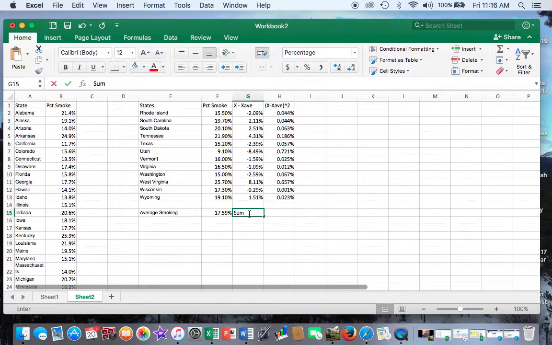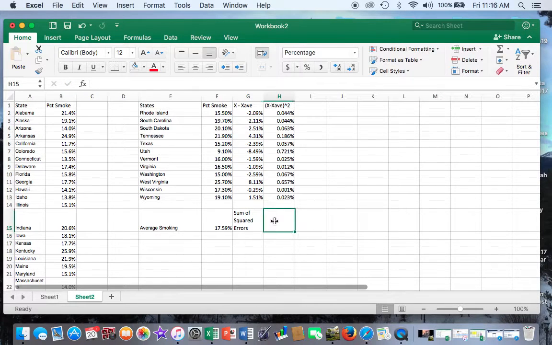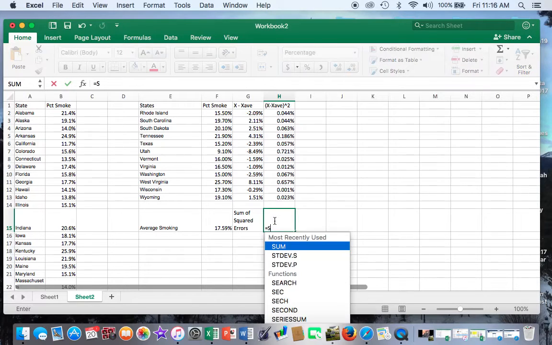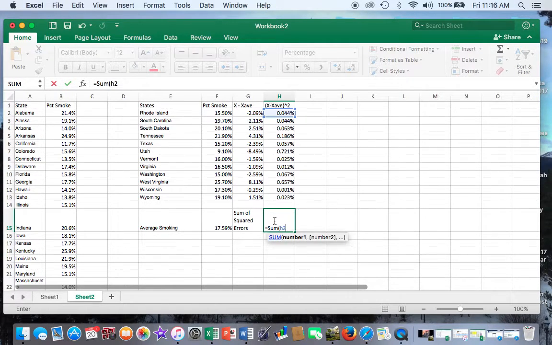And this is called the sum of squared errors, which is kind of a funny name. And it's simply going to be equals the sum from H2 to H13.